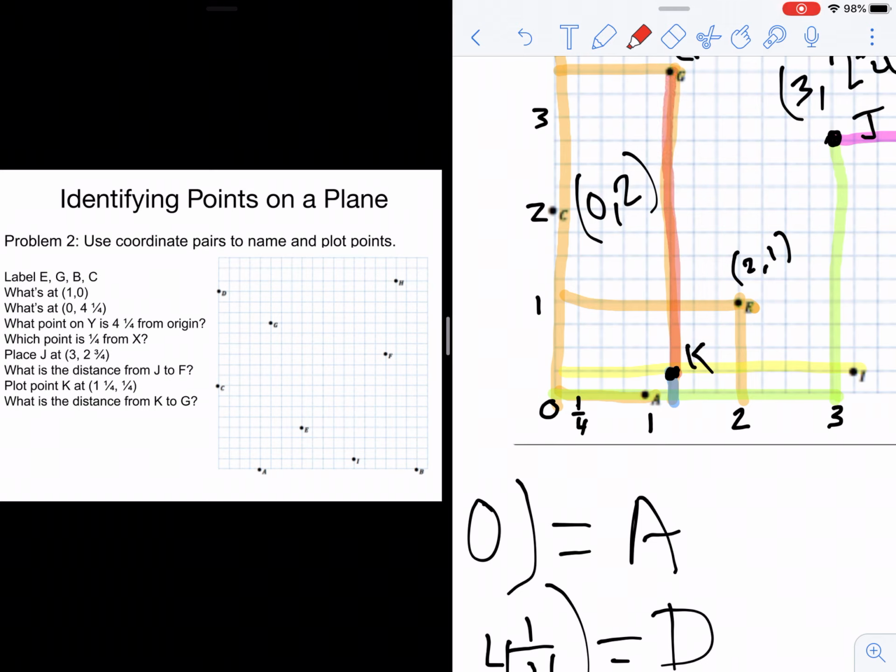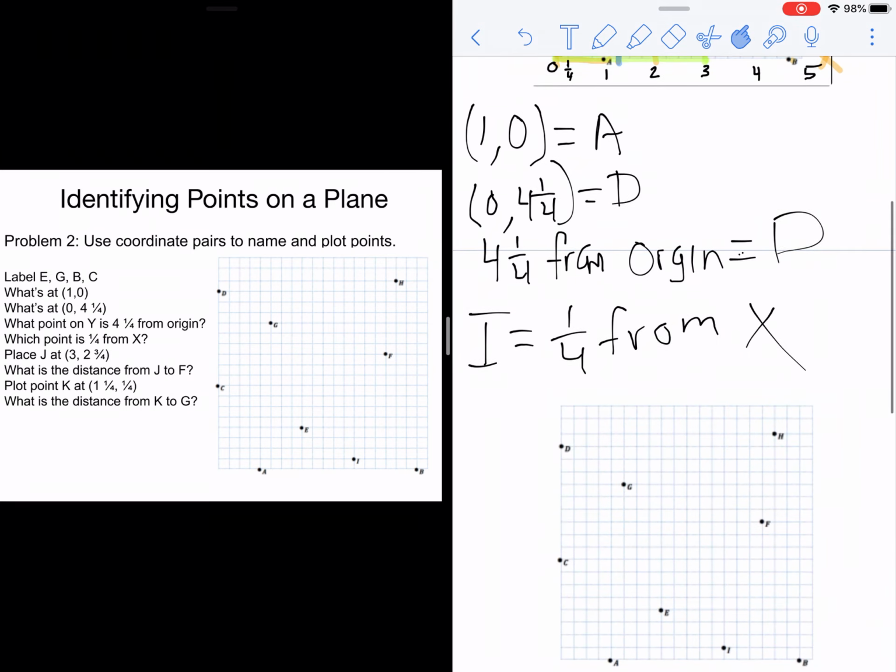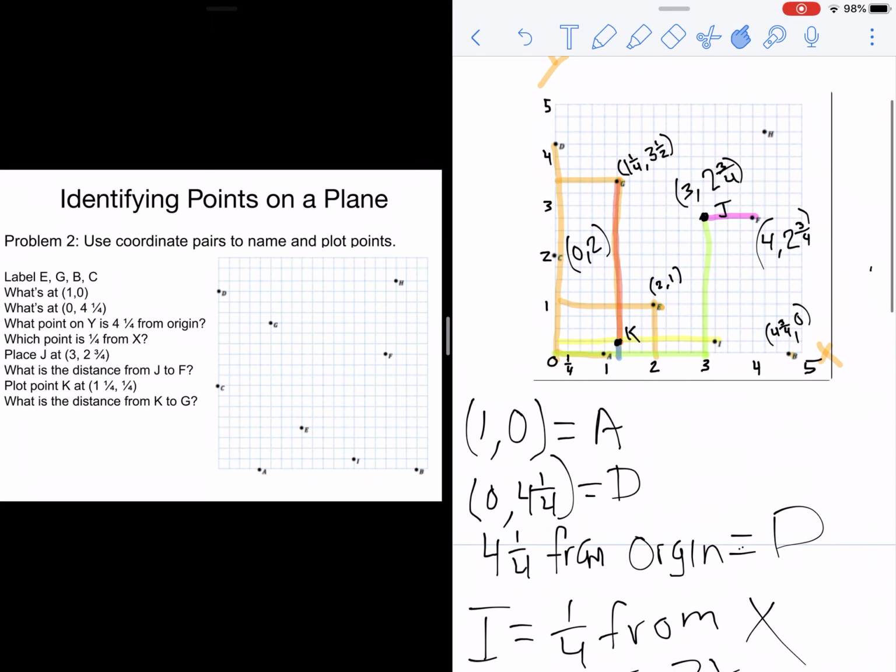So we go from 1/4 to 3 1/2. So 3 2/4 minus 1/4 is what, everyone? The difference, 3 2/4 minus 1/4 is 3 1/4. So the difference from K to G is 3 1/4.